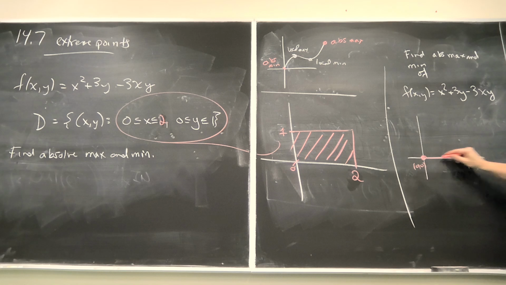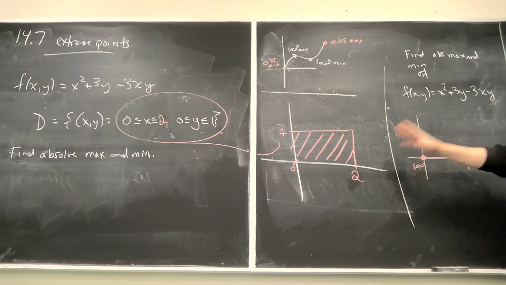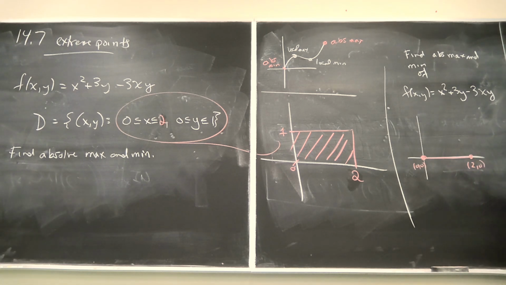So I'm just going to give you one line segment. Instead of looking at the whole box all at once, I just give you this curve. It's part of the boundary.